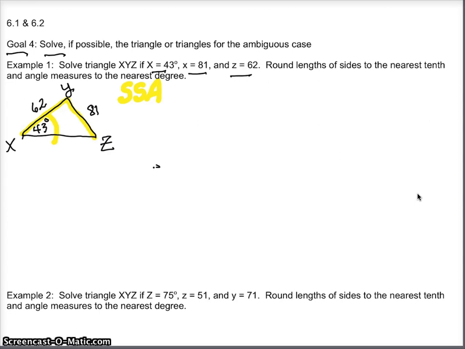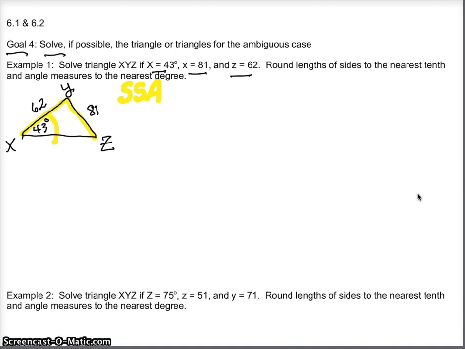There are several things you can check in advance to know if you're going to have one triangle, two triangles, or no triangles. But I think that requires quite a bit of extra work. So my suggestion would be to dive right in, set up your proportion, and see how many triangles you come up with. So let's look at that.